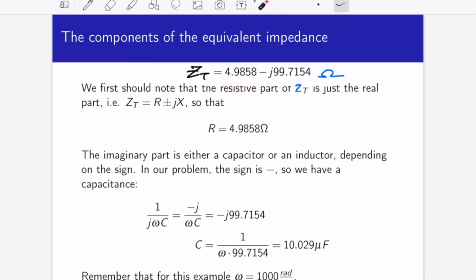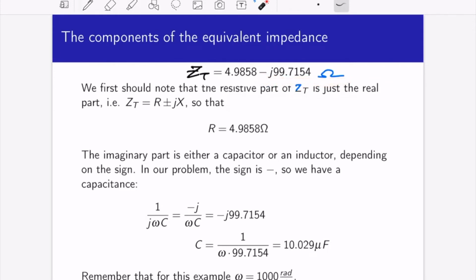In general, we usually define ZT to be equal to R resistor plus or minus j times X. We leave it as an X because that's actually a term that's often used in the power industry. And so we know that our imaginary part is minus j 99.7154.